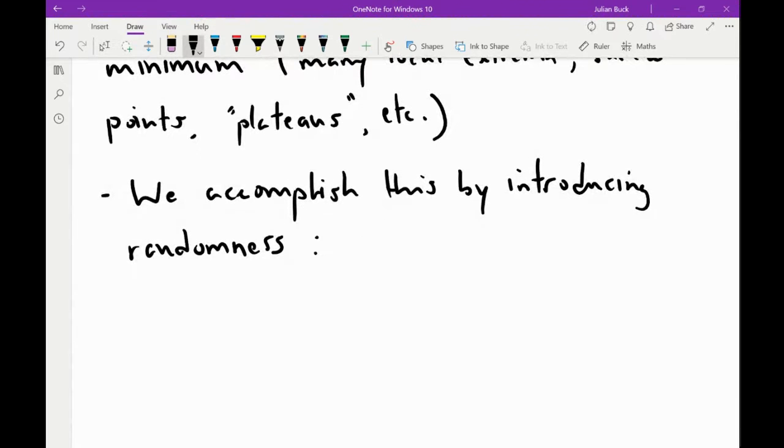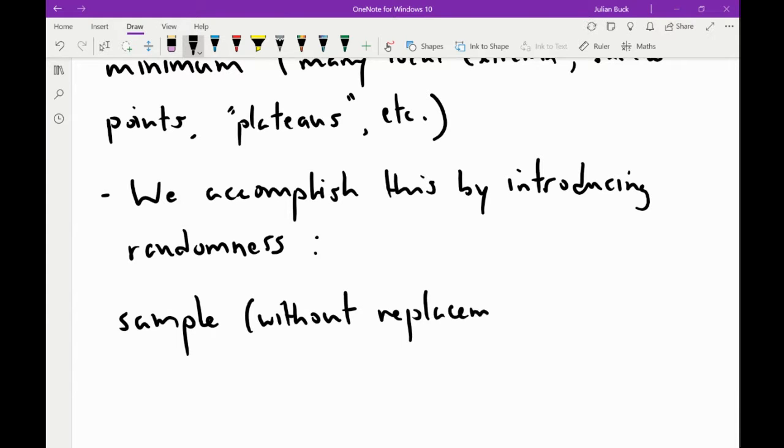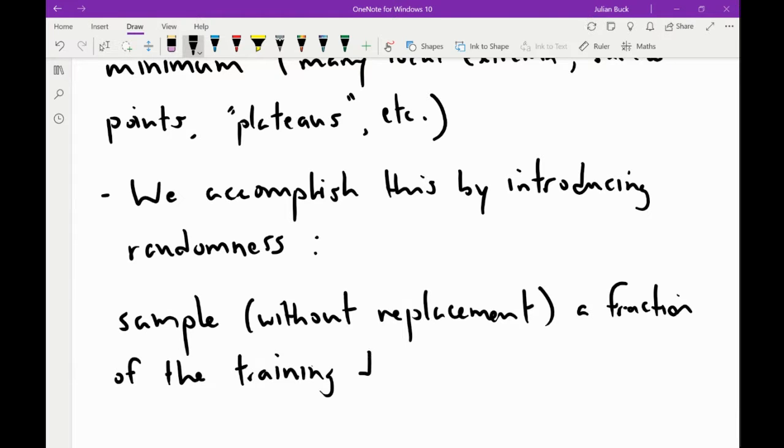What we do, the usual way to do this, is sample without replacement a fraction of the training data at each iterative step.